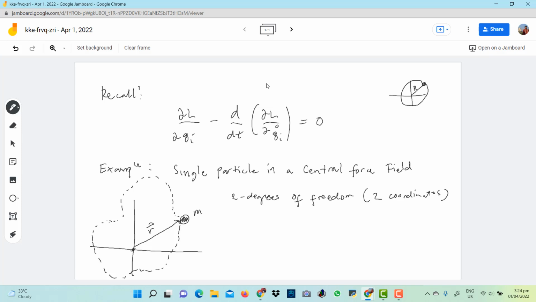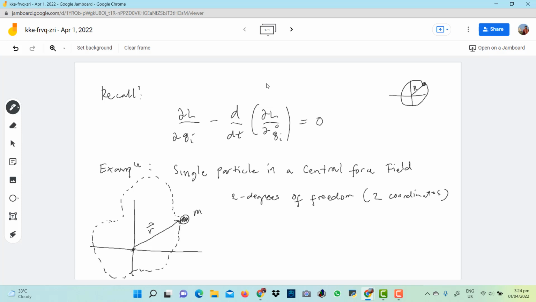The equation of constraint here is that your single particle is located only in 2 dimensions, so the z coordinate must be equal to 0. That's why I only have 2 generalized coordinates.